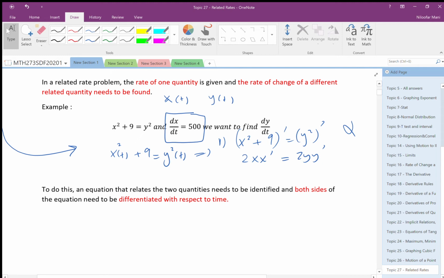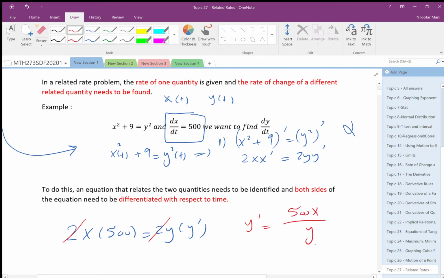To do this, I need to do the derivative of both sides with respect to time. Okay, so that's why I see x prime, y prime. And then I do 2x times 500 equal 2y y prime. Of course, you can cancel 2 and 2. But in order to find y prime, you need 500 x divided by y. You need to know what x and y are.